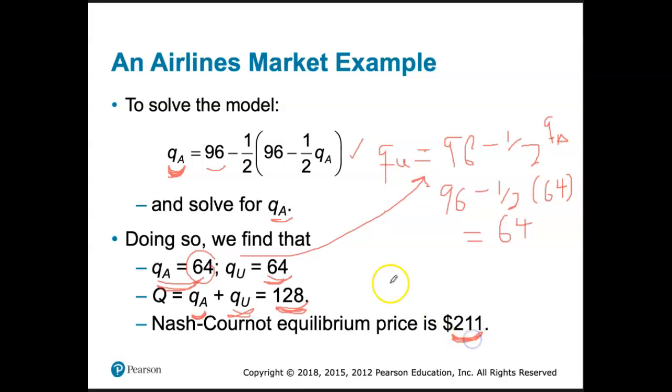So how do we get to 211? Basically, we go back to our equation. So that was P equals 339 minus QA minus QU. So that's 339 minus 64 minus 64, and you should get 211.